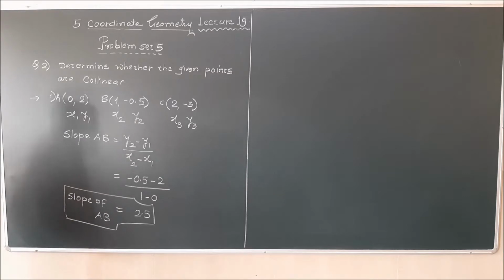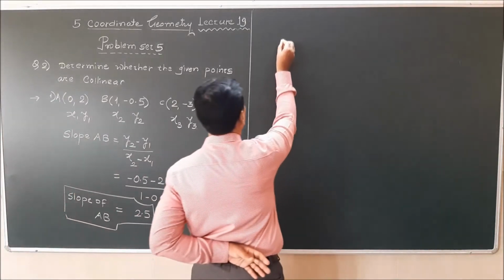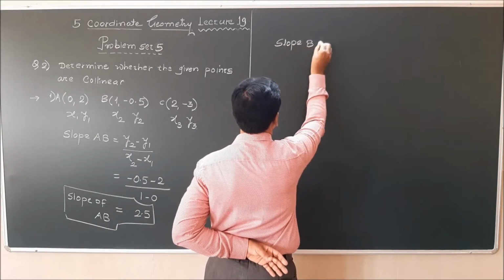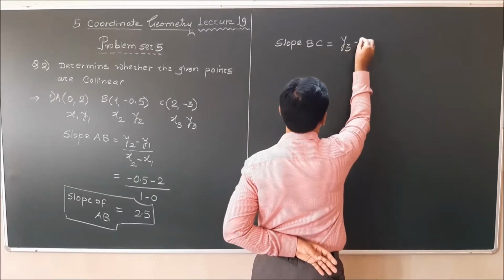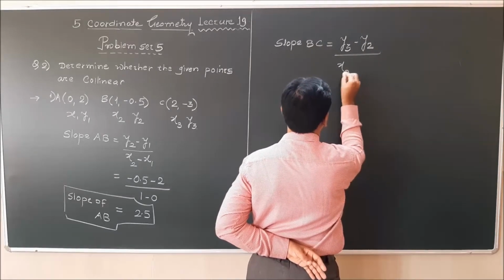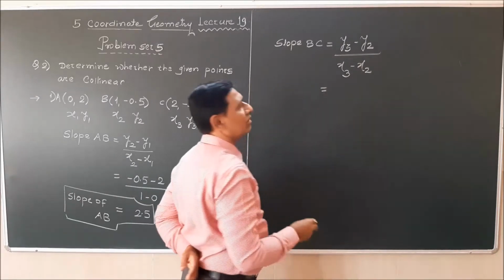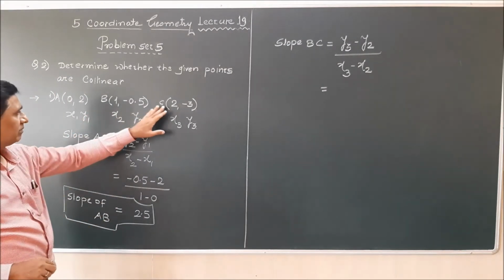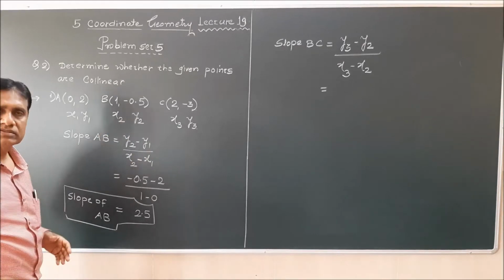Now I'm going to find out slope of BC. So slope of BC is equal to y3 minus y2 upon x3 minus x2. We are using the slope formula only, but while finding out slope of BC, y3 minus y2 upon x3 minus x2.